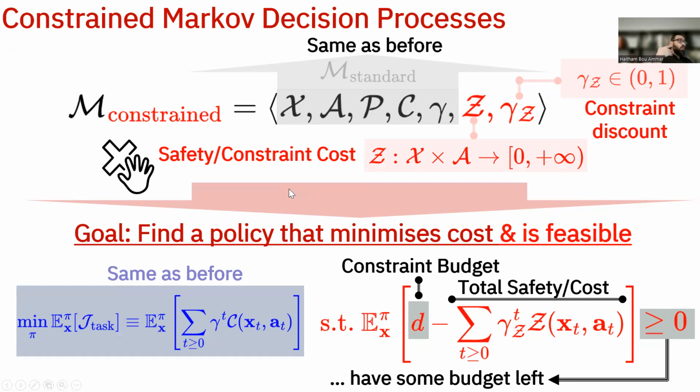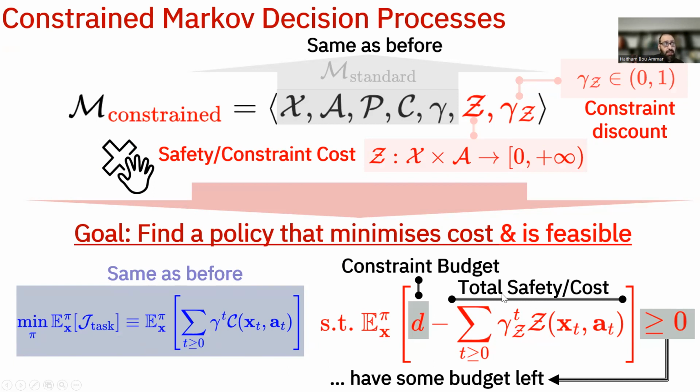So one way to describe safety inside reinforcement learning is you would define your Z, you would define a constraint budget, and then you would say, let me solve this constraint optimization problem, where I would like to minimize my costs, but also be safe with respect to those constraints, i.e. have a certain set of budget left.